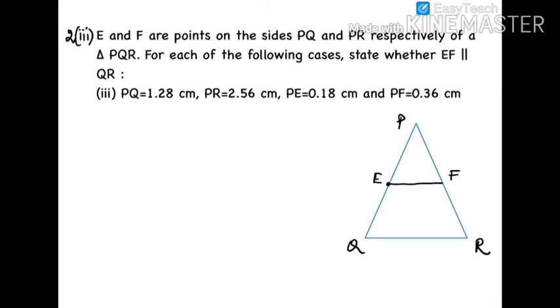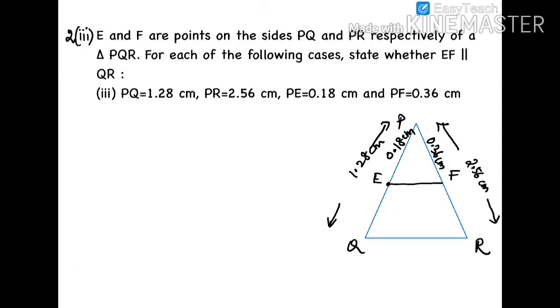And it is given that PQ is 1.28 centimeters, PR is 2.56 centimeters, PE is 0.18 centimeters and PF is 0.36 centimeters.